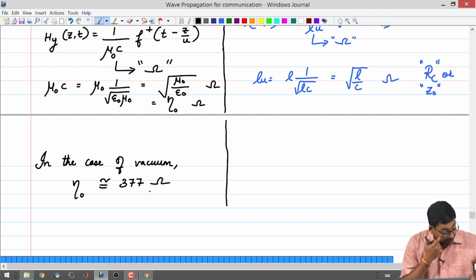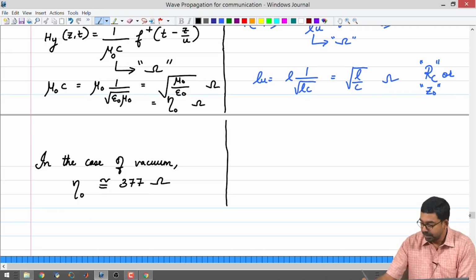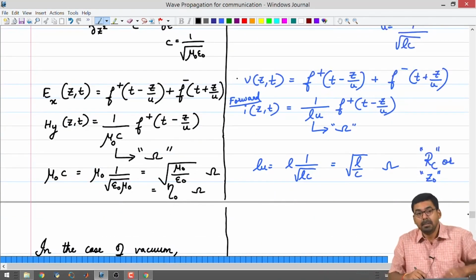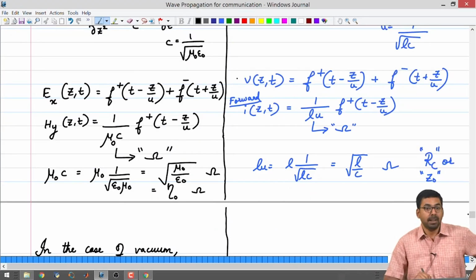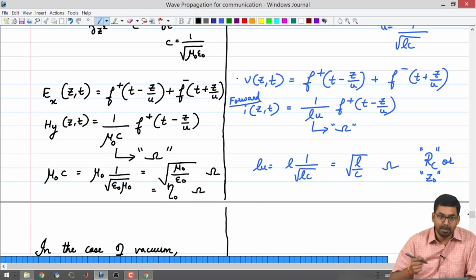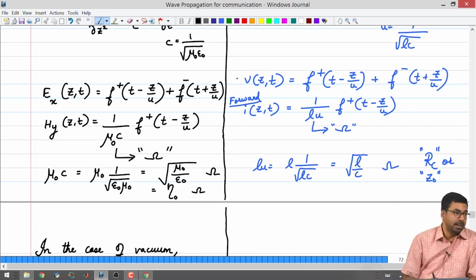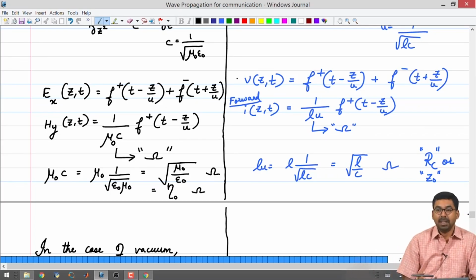The other thing that we can start looking into is this forward, backward, etc. In the case of the transmission line, the forward wave had a characteristic impedance of Z naught, backward wave had a characteristic impedance of minus Z naught, because the current flipped its direction in order to account for the direction of propagation. Same things will happen here. If you run the simulation, whatever we had before, and assume that whatever you are doing is with electric and magnetic fields, you will get exactly the same.